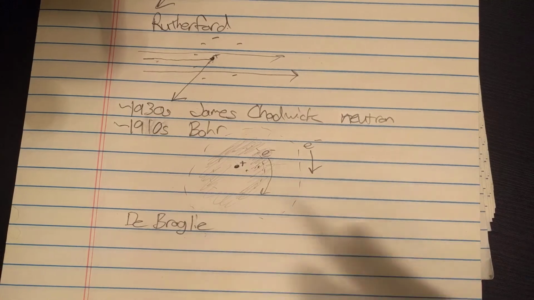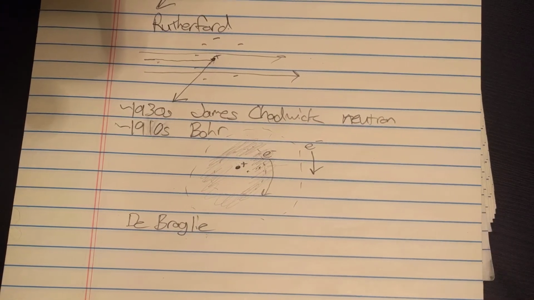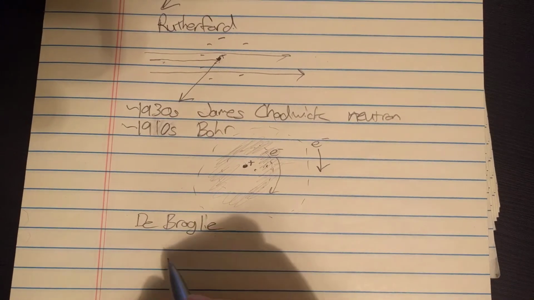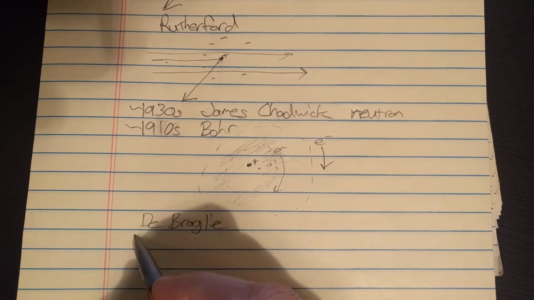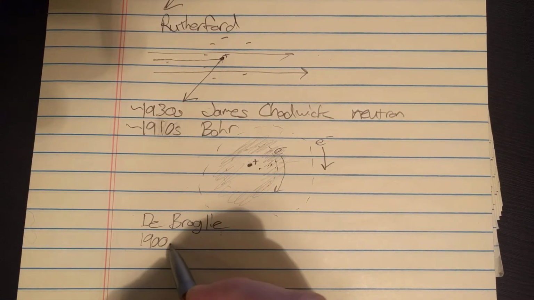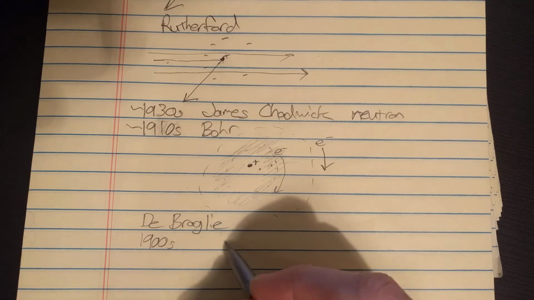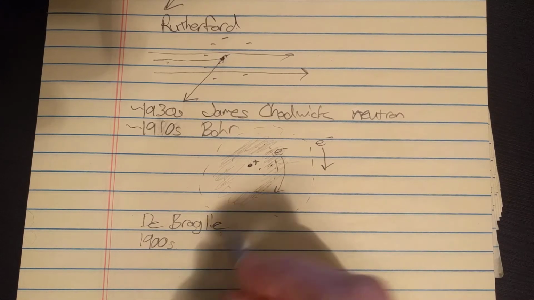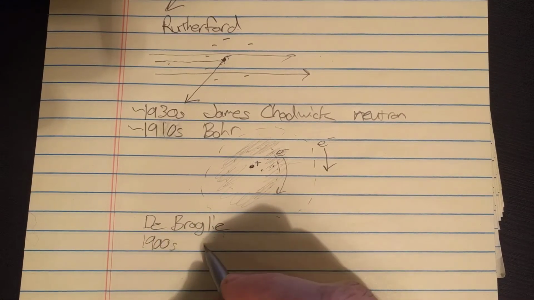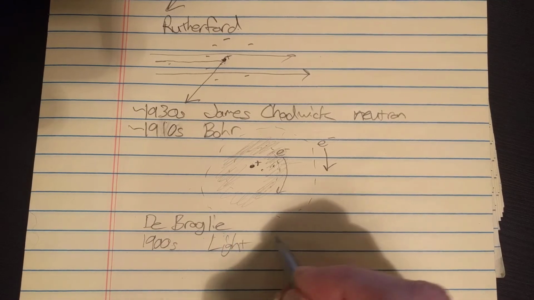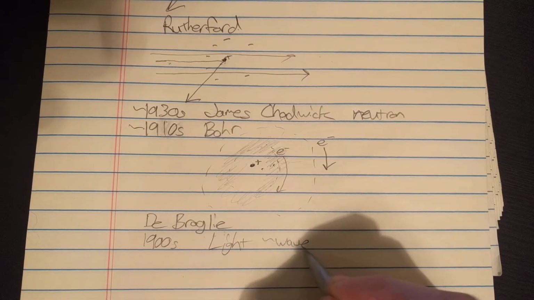And remember in one of my previous videos, we talked about light and that it's a wave. So it was known in the early 1900s that light mostly acted like a wave.